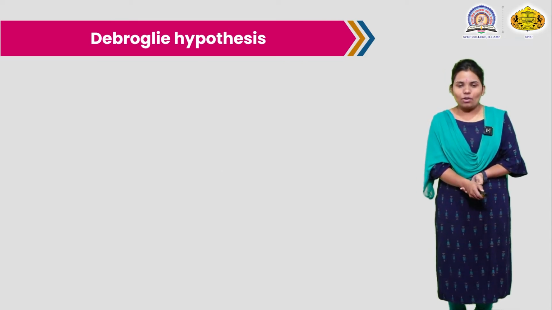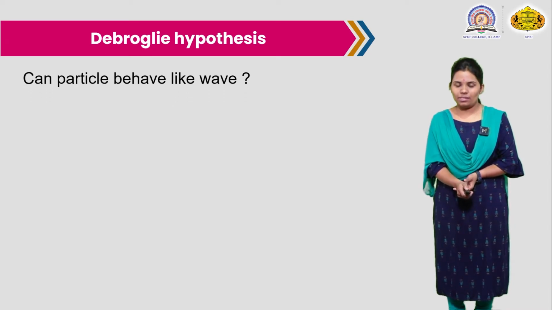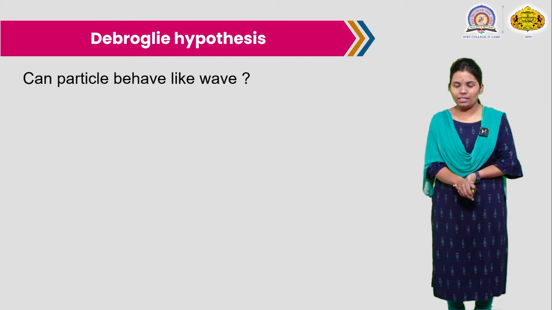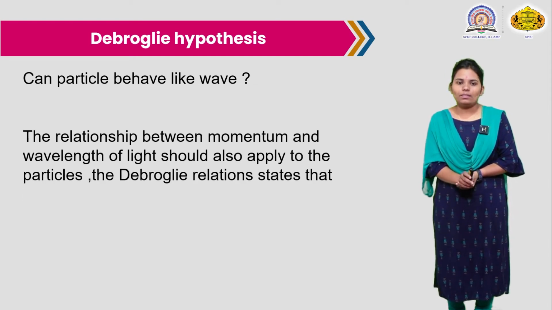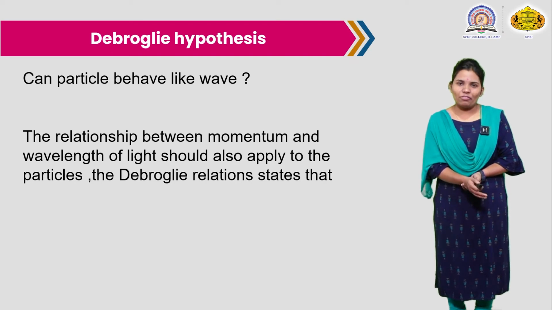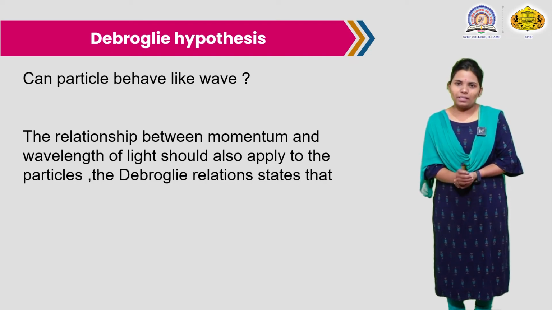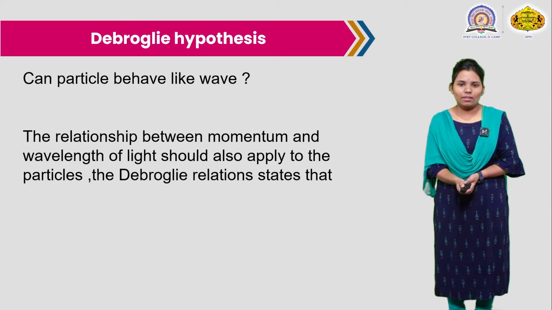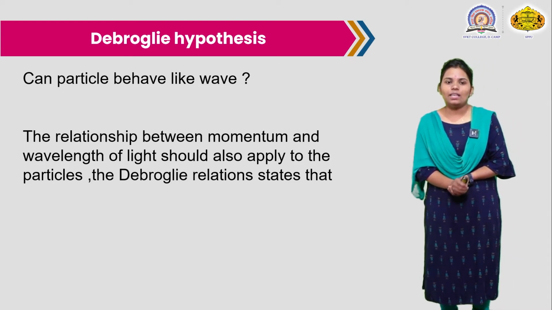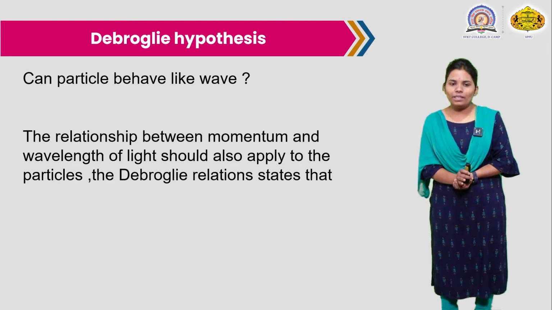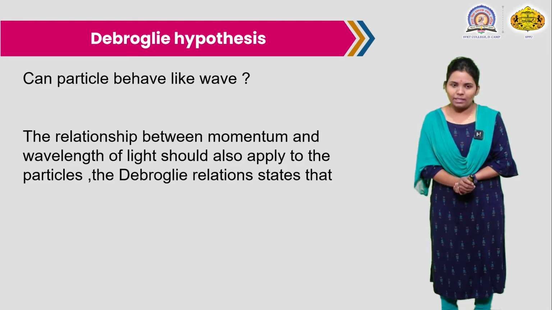The next is the de Broglie hypothesis. As we know, light has wave-particle duality, that it can behave as a wave and as a particle. But are the properties of wave and the properties of particle the same? So, de Broglie made a statement on the basis of momentum and wavelength of a particle.